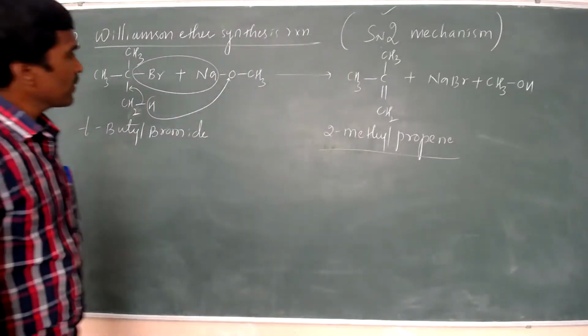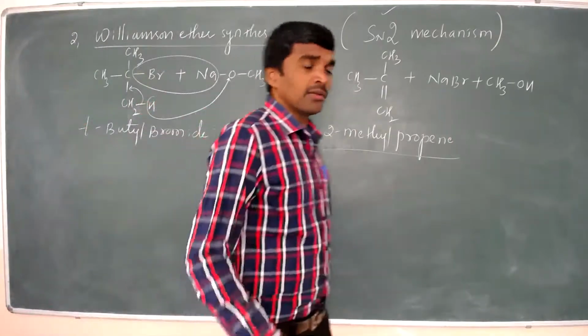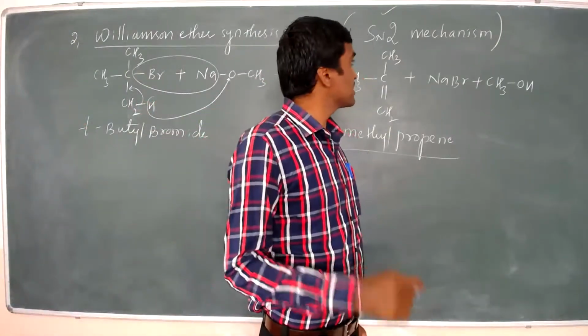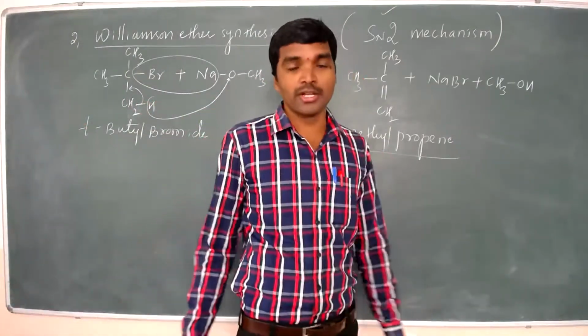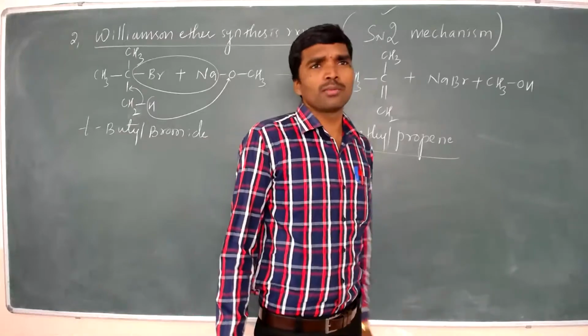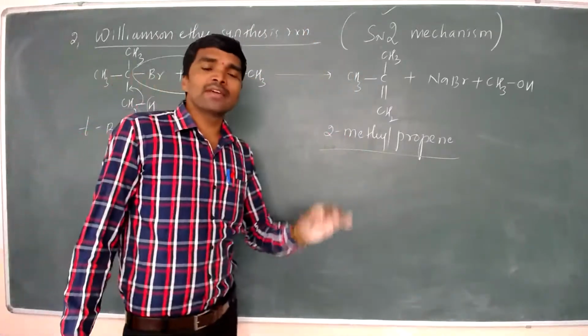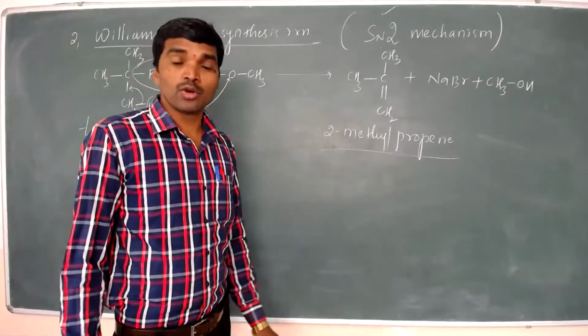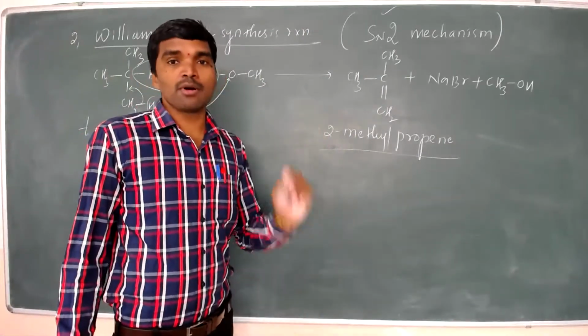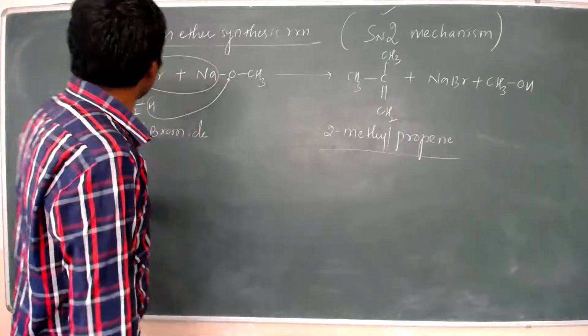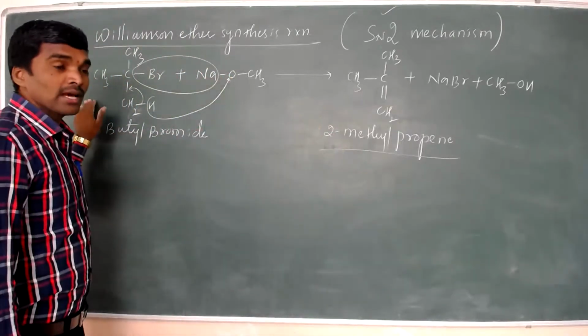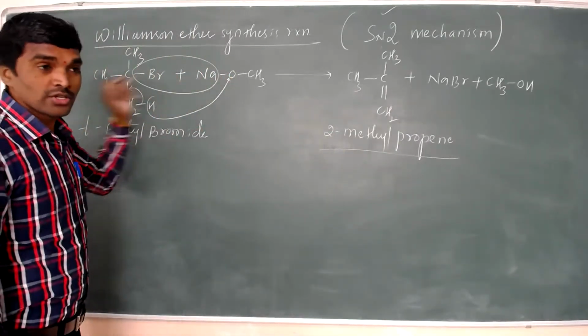So, sir, how can you say Williamson ether synthesis reaction undergoes SN2 mechanism only? Now remember one point: sodium alkoxide is a very powerful nucleophile. So if alkyl halides are primary, they undergo substitution reaction.